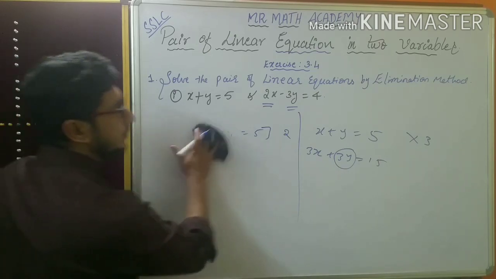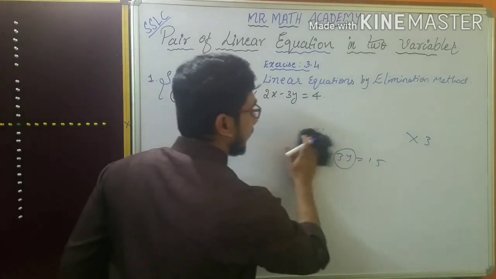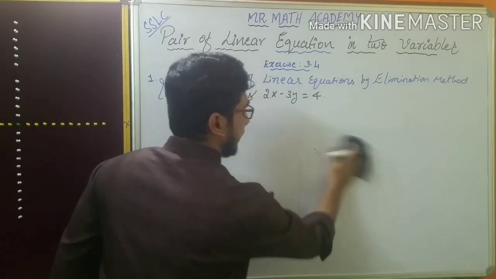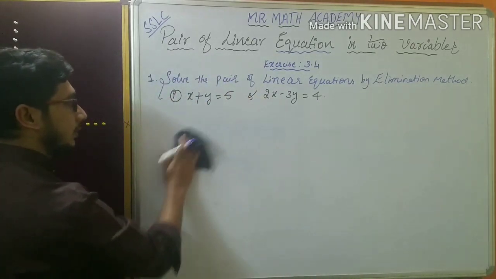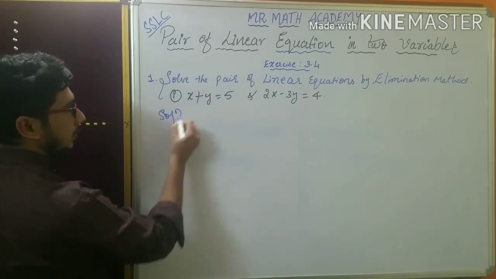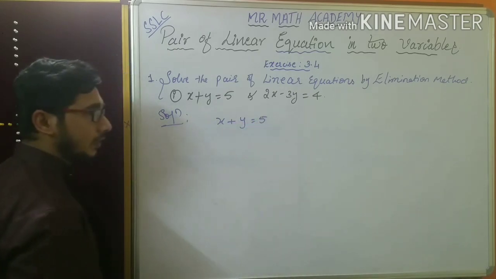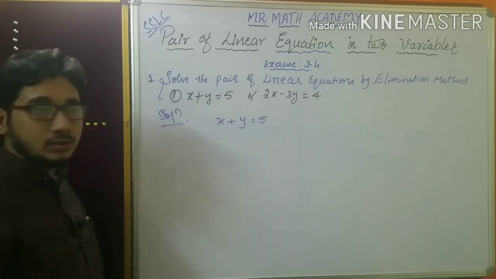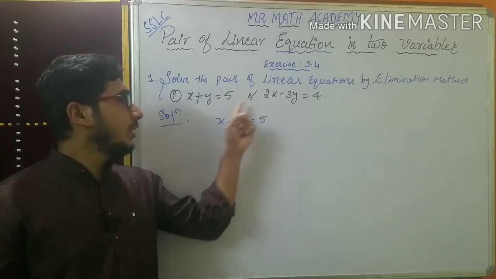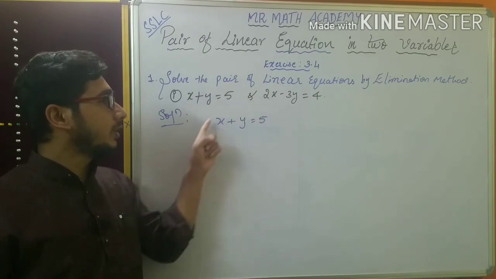Let us consider this problem. x plus y is equal to 5. I'm observing this equation. In this equation x value is 2, here it is only 1, so I want to make it 2.